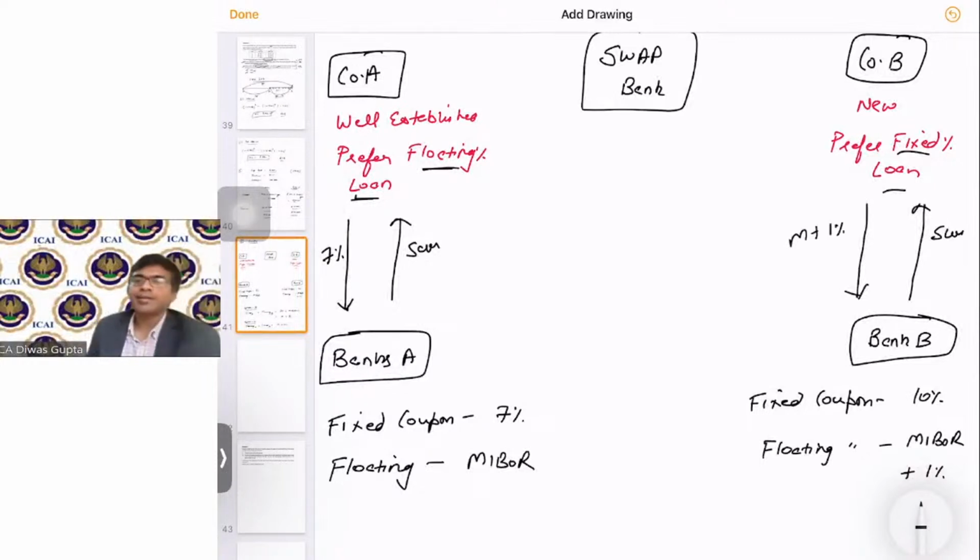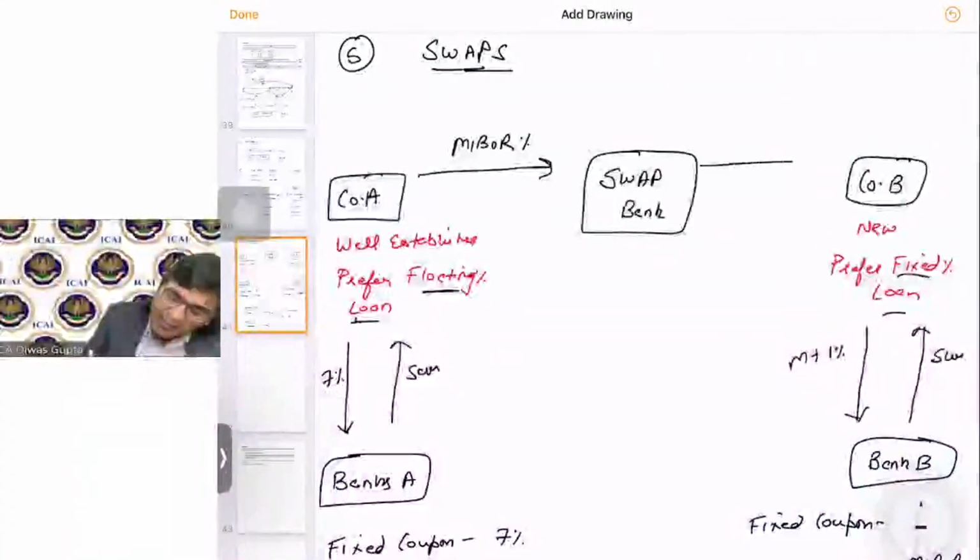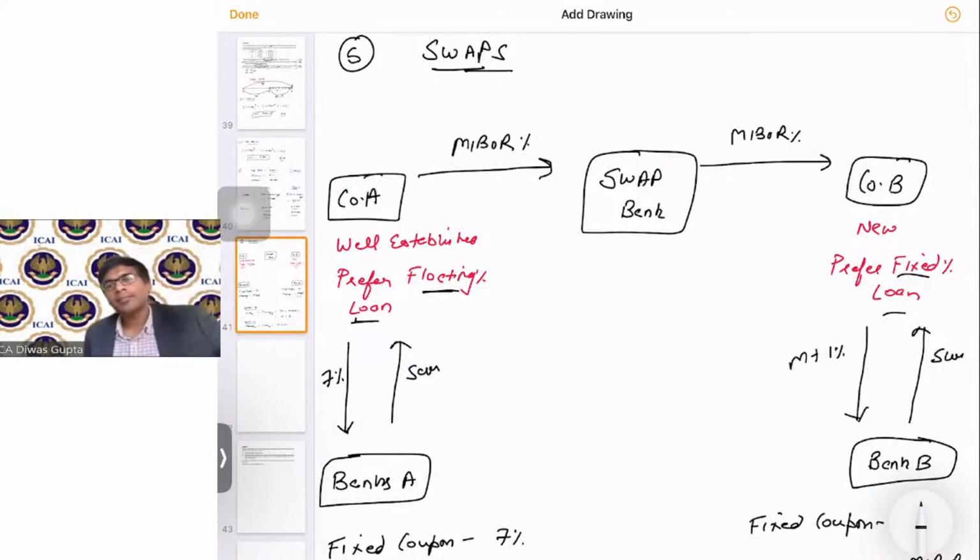which is MIBOR plus 1%. Now, since you have a preference, the swap bank says to company A, okay, the swap bank pays it to company B. In turn, company A says, I will pay 7% to the bank and I will pay MIBOR also to you. My effective interest rate is M plus 7%.